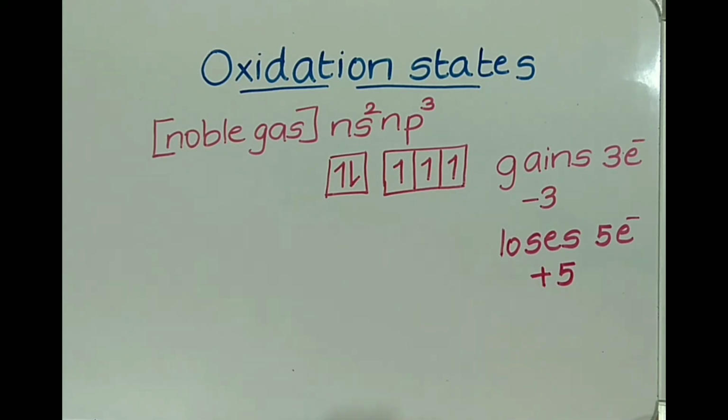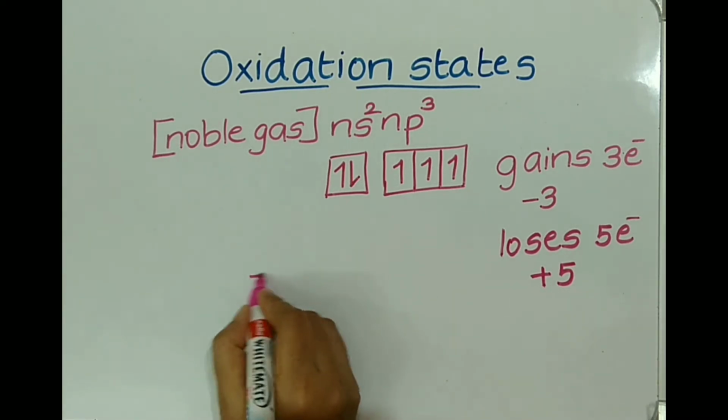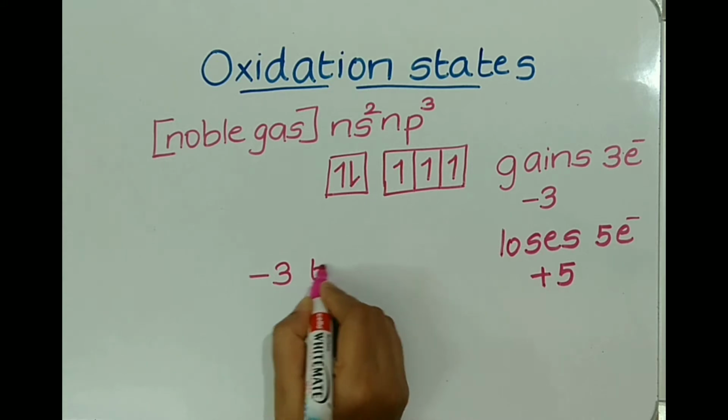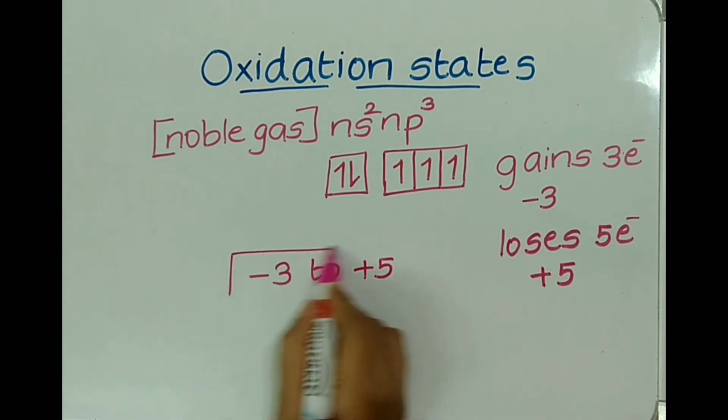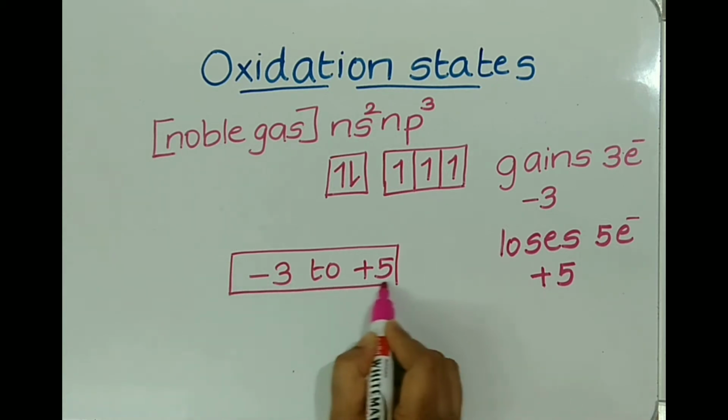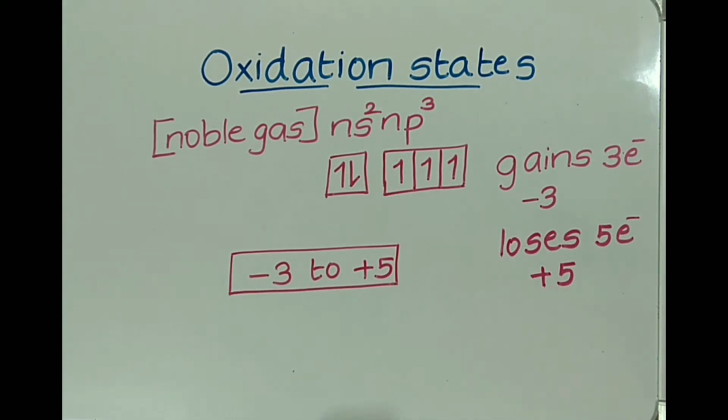Therefore, we can say that nitrogen family elements exhibit oxidation states from -3 to +5. Group 15 elements exhibit oxidation state from -3 to +5.